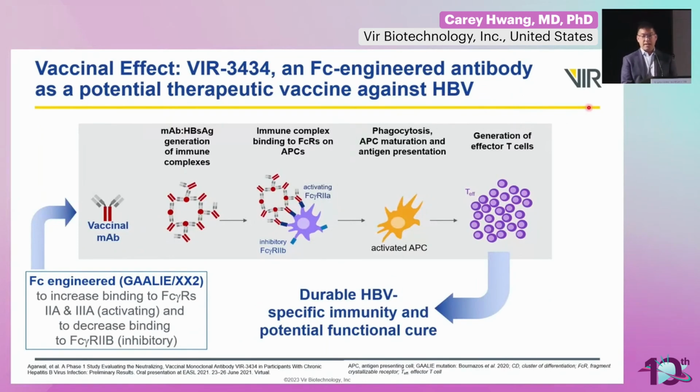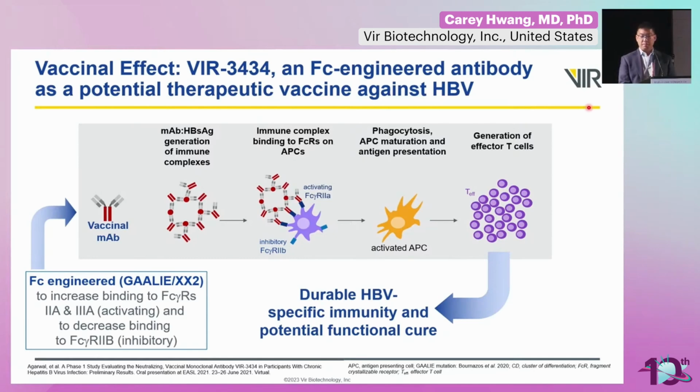In terms of the vaccinal effect, what this Gali modification does is that it increases binding to the Fc gamma receptors 2A and 3A, which are activating on dendritic cells, and also decreases binding to the Fc gamma receptor 2B, which is inhibitory. So as you see, the immune complexes are formed with the monoclonal antibody.